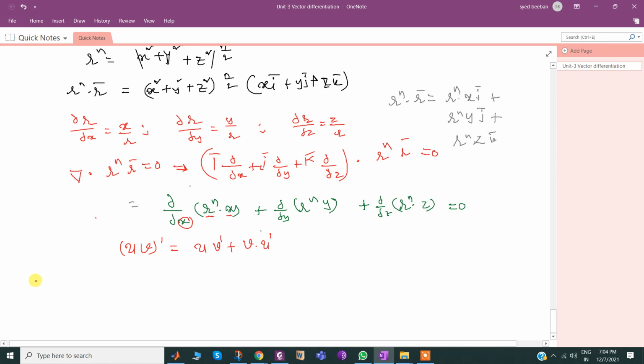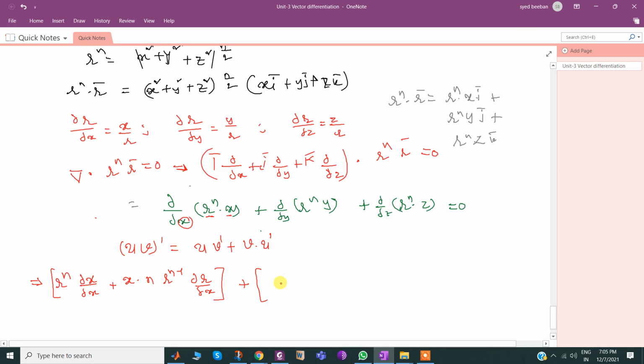So r^n times the differentiation of x, ∂x/∂x, plus now I want to keep x as a constant, differentiation of r^n, n times r^(n-1) times ∂r/∂x. This is about the first term.